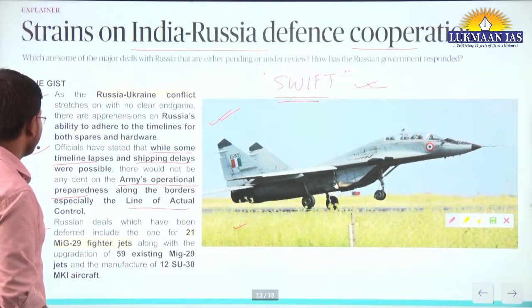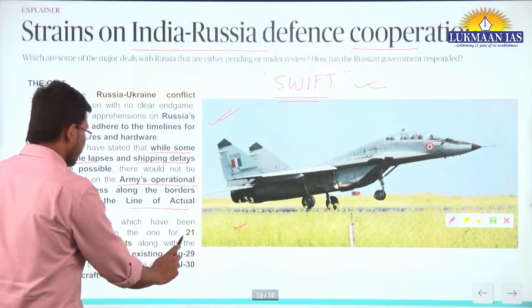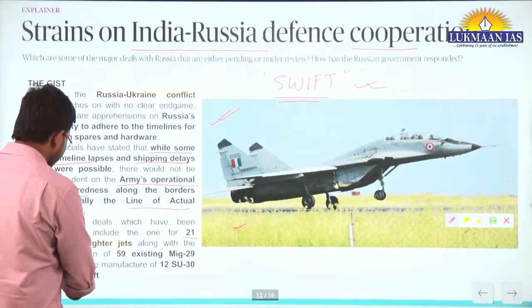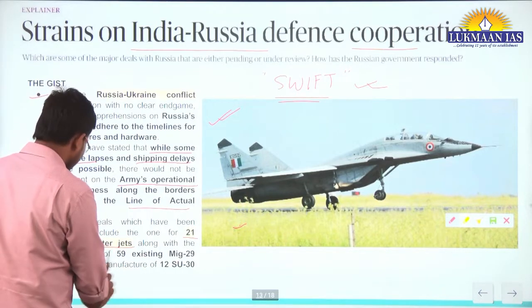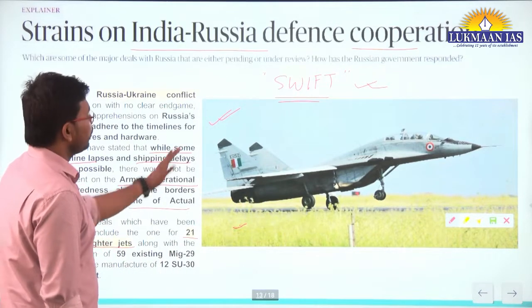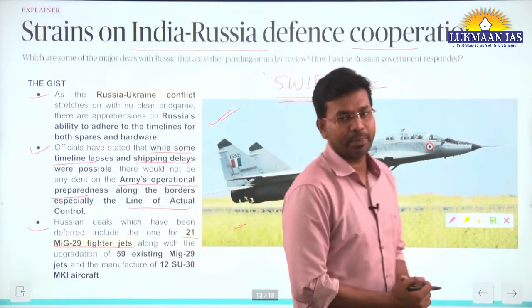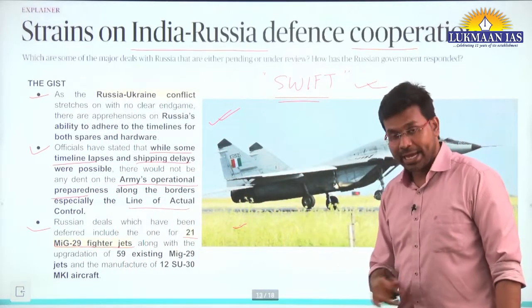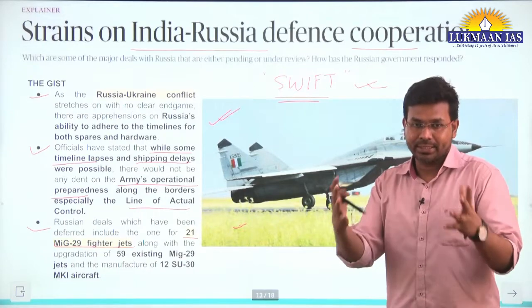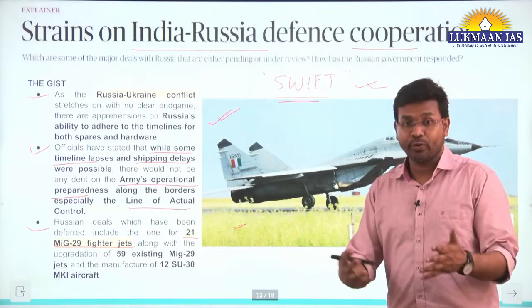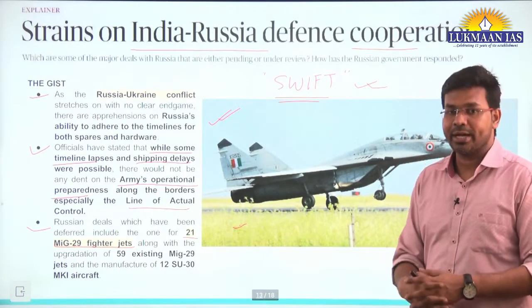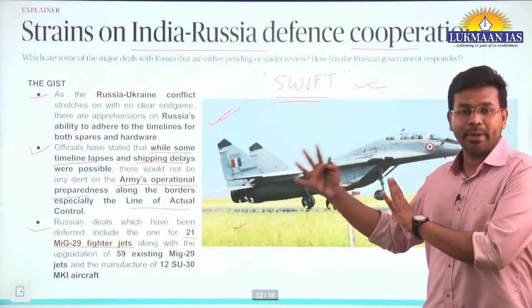Russian deals which have been deferred include one for 21 MiG-29 fighter jets, along with this, okay. So now India and Russia have tied up, and Russia has been exporting its fighter planes and the S-400 missile defense system to India, apart from other things.